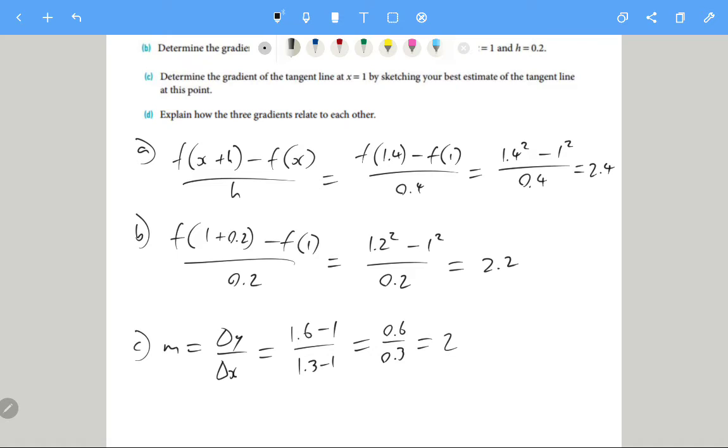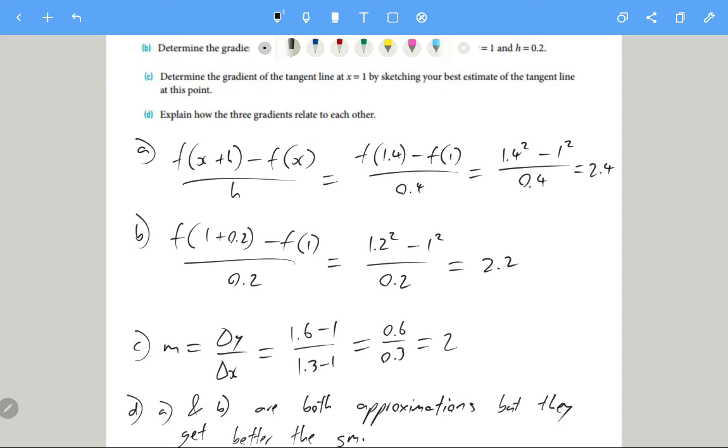So for part D, explaining how these gradients actually relate to each other, well, A and B are both approximations, but they get better the smaller h is.